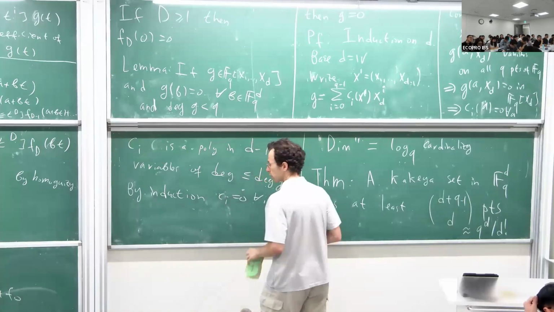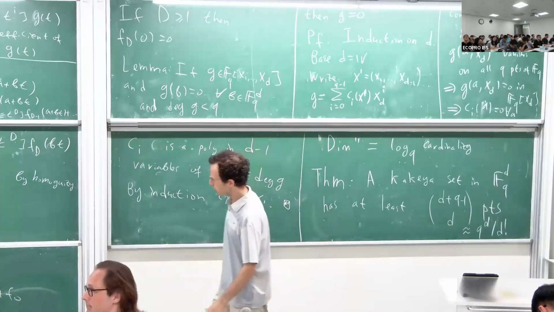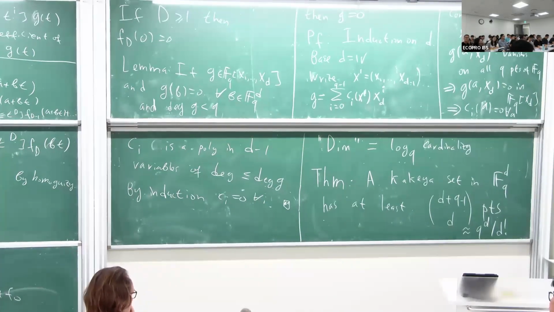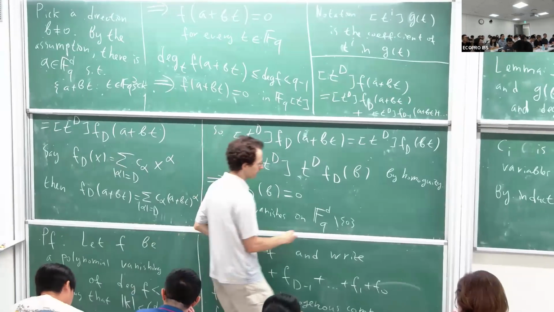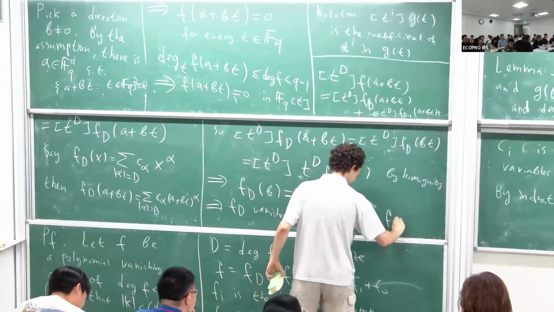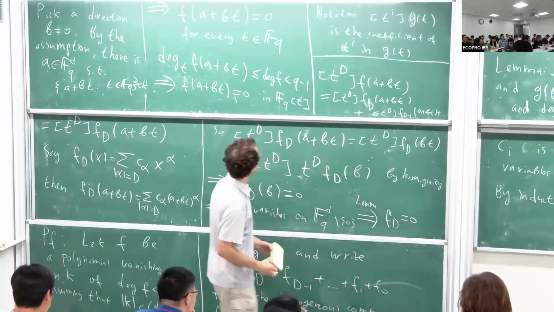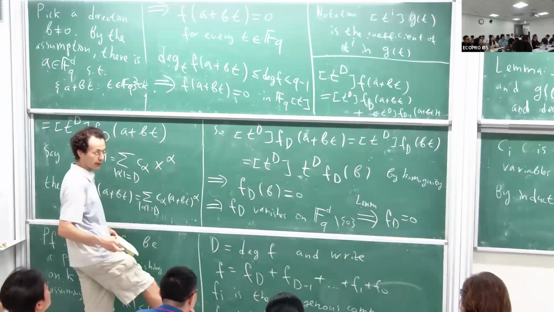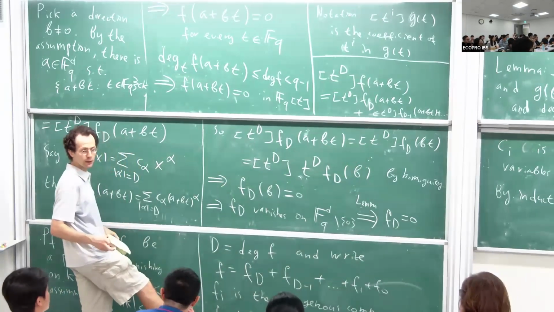Okay, so remember why we had this lemma, because we had this polynomial vanishing on all of F to the d, which means this is 0. This is by the lemma. But that's not okay, because we just agreed that F d is non-zero.